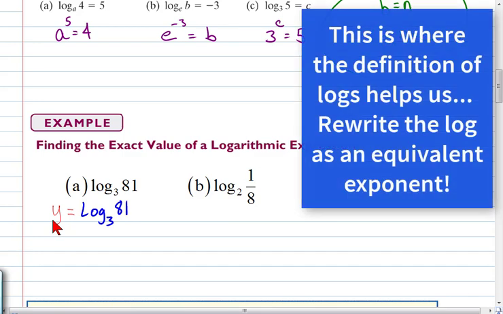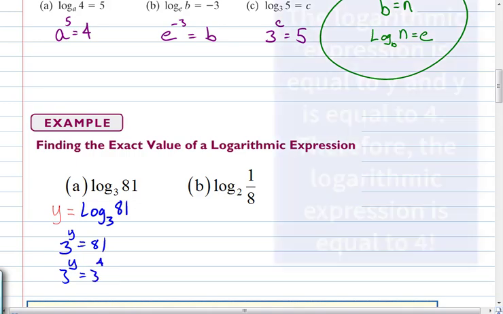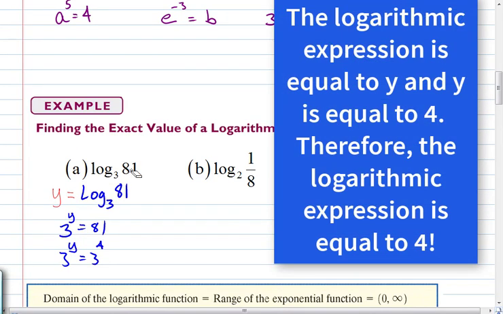And if I can solve for y, I'm there. Rewrite that log equation as an exponent. What will the equivalent exponent be? 3 to the y equals, well, now I know how to use the one-to-one property of exponents, and 3 to the y is the same thing as 3 to the fourth. And so that means this expression is going to be equal to 4. Log base 3 of 81 is 4.